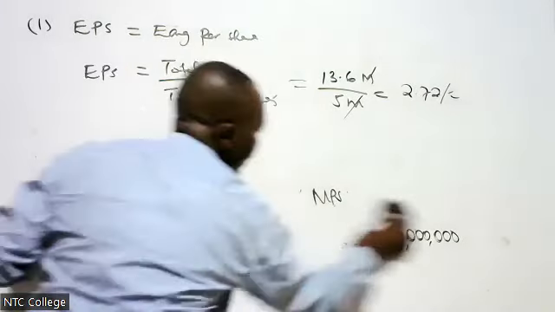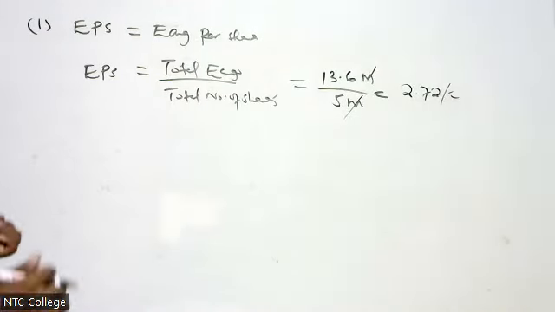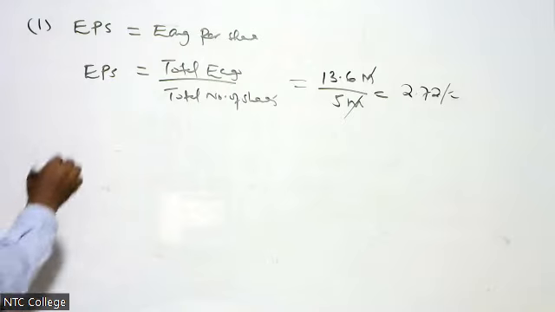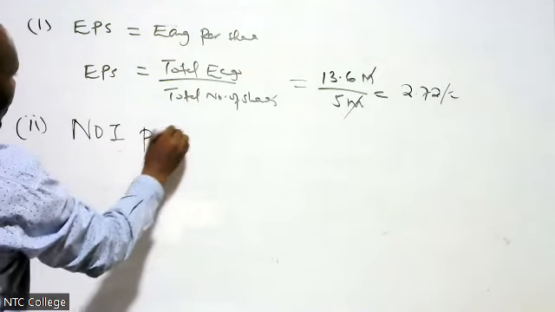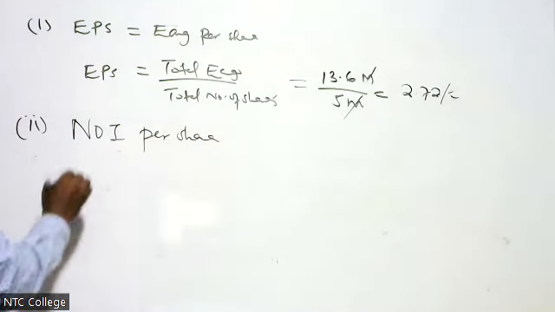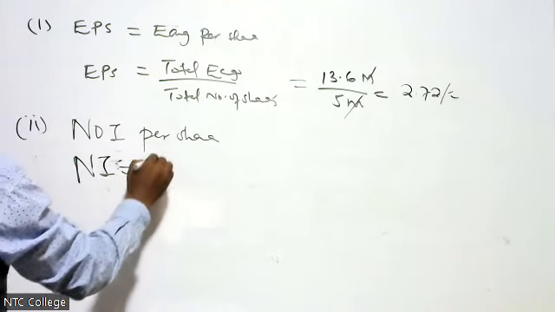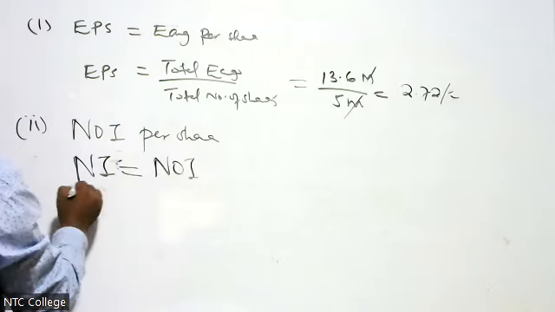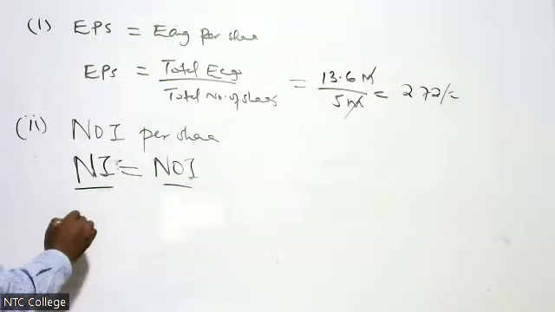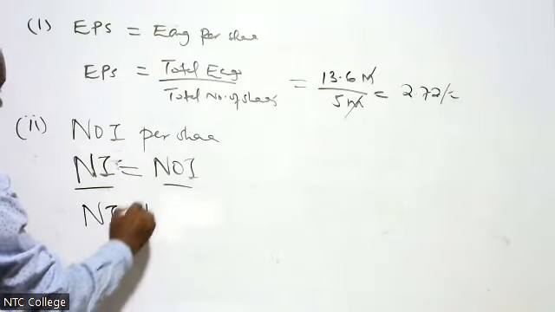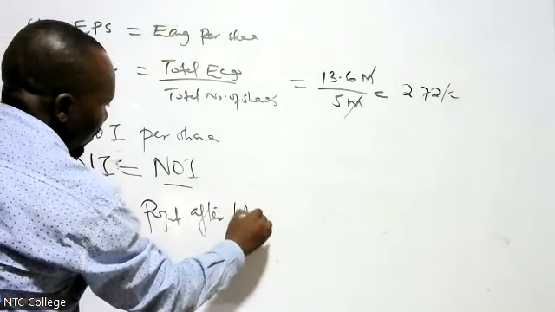The second question says determine NOI per share. Now, I want to differentiate between NOI and NI, these two. NI is the profit after interest and tax.